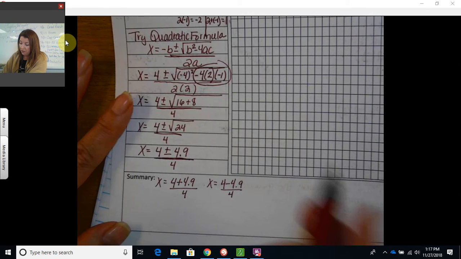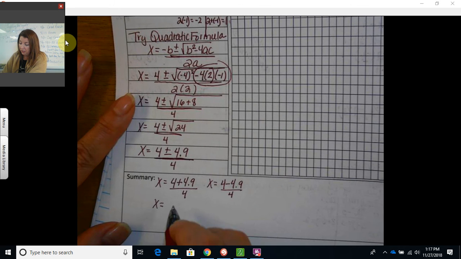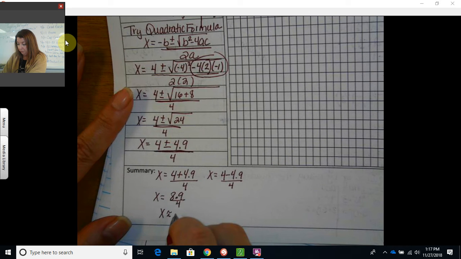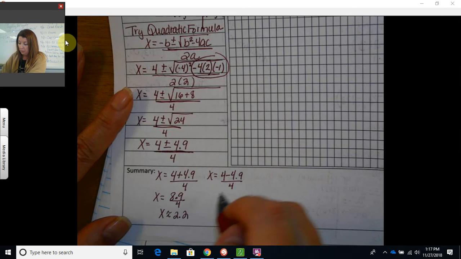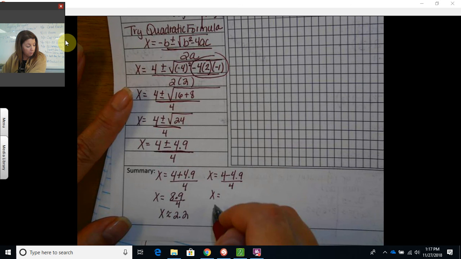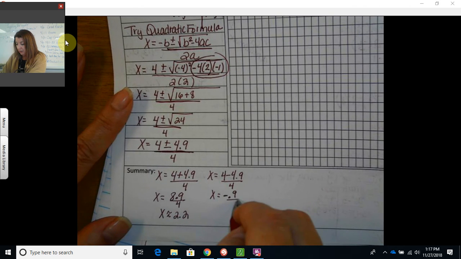So I can simplify that numerator. 4 plus 4.9 is 8.9, and 8.9 divided by 4 is approximately 2.2. My other solution: 4 minus 4.9 is negative 0.9. Divide that by 4.